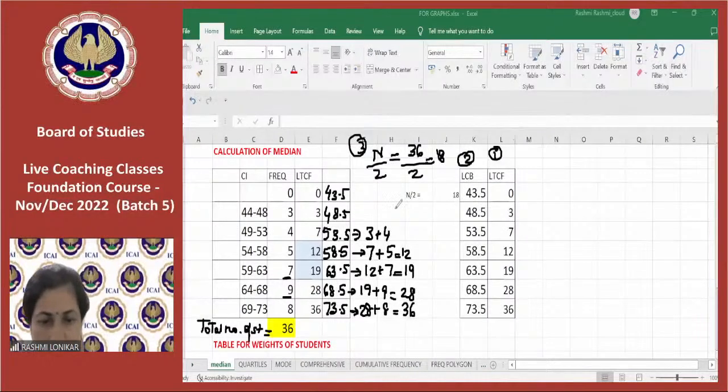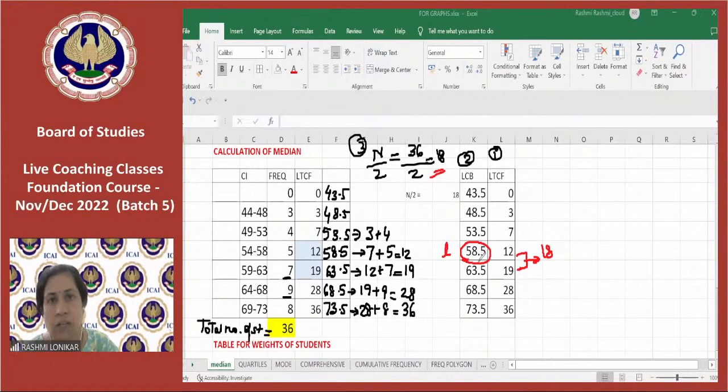I have to identify my median class. Okay. So now is the important thing. Identifying the median class: it is going to lie between which numbers? This is 18. 18 is going to lie between 12 and 19. So 18 is going to lie over here. So this becomes my L, because it is the class boundary of the median class.